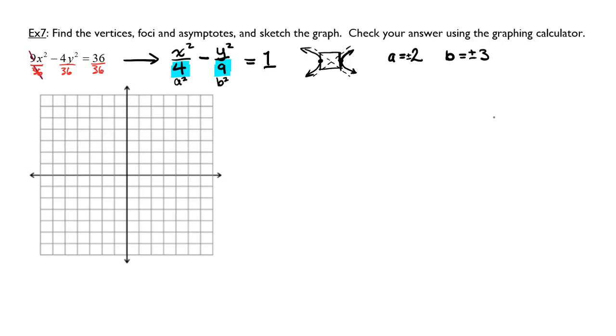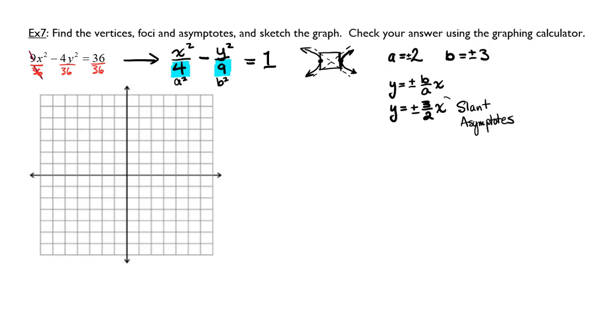If I want to figure out the equation of the asymptotes, we can just write this as y equals plus or minus b over a x. And so I will have y equals plus or minus 3 over 2 x. These are the equations of my slant asymptotes.